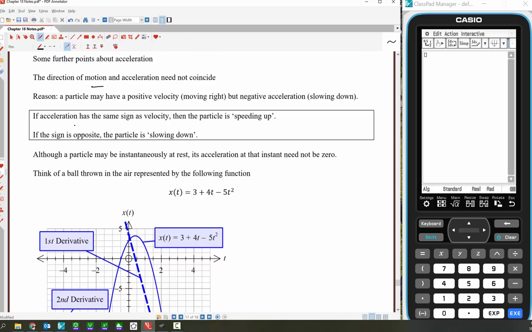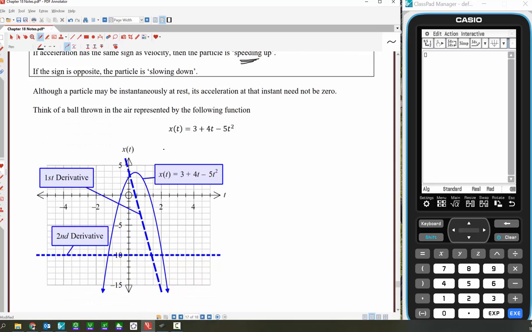So if acceleration has the same sign as velocity, then the particle is speeding up. If you get a negative velocity and a negative acceleration, that means the particle is speeding up. And if it's a positive velocity and a positive acceleration, it means the particle is also speeding up. That's the way to think about it anyway. And if the sign is opposite, that means the particle is slowing down.